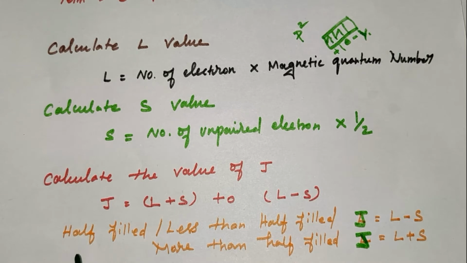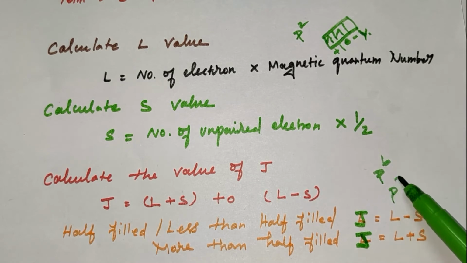If the orbital is half filled or less than half filled, the J value is given by L minus S. If the orbital is more than half filled, J is equal to L plus S. For example, in the p orbital, P6 is completely filled.